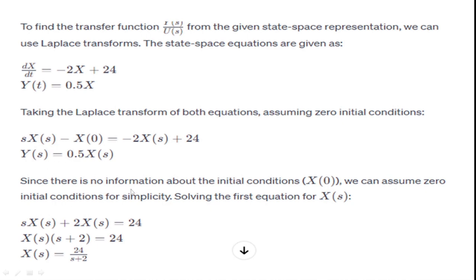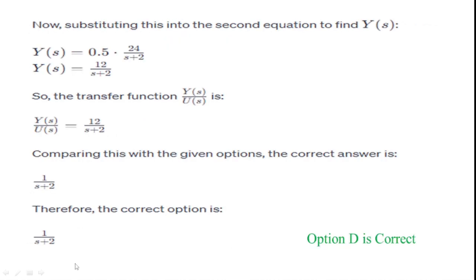Since there is no information about the initial condition x(0), we can assume 0 initial condition for simplicity. Solving the first equation for X(s): sX(s) plus 2X(s) is equal to 2U(s), and X(s) is equal to 2U(s) divided by s plus 2.